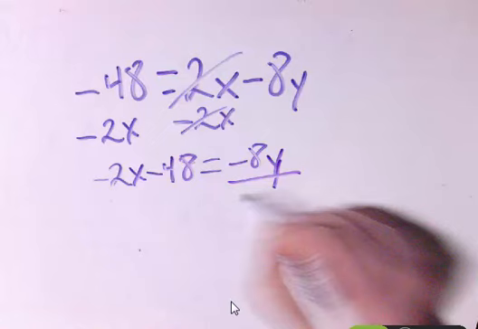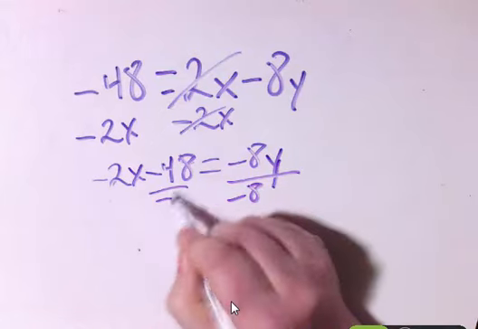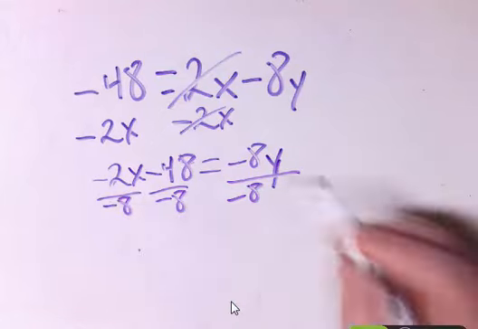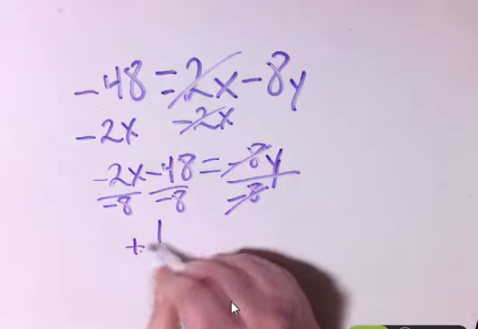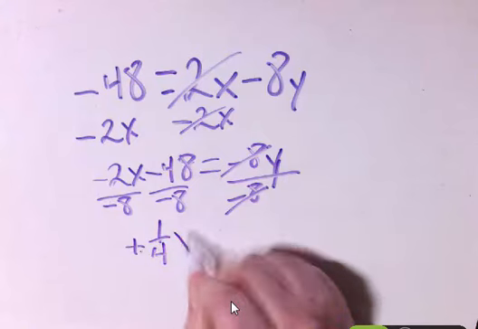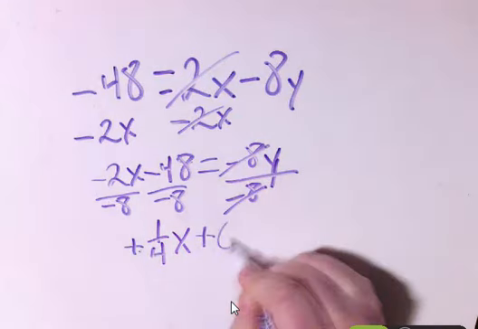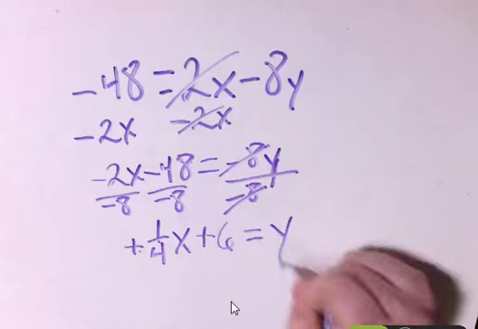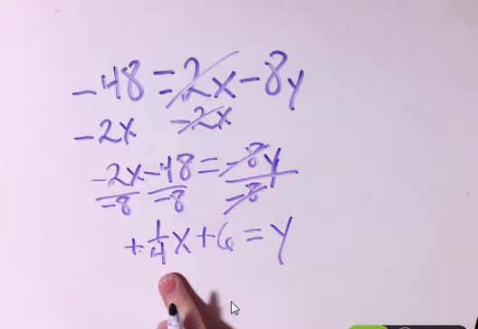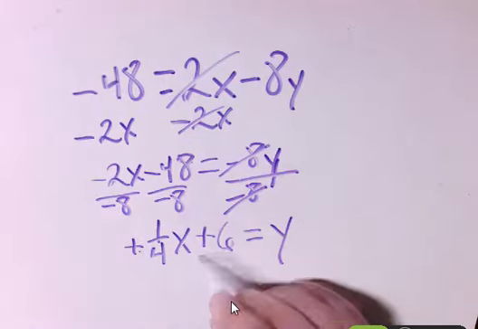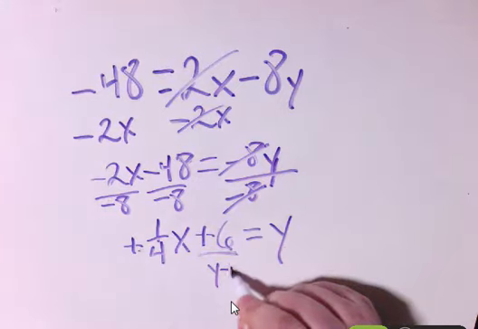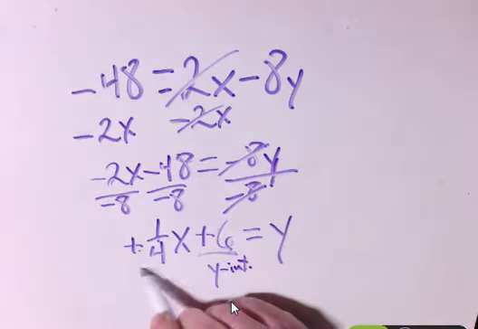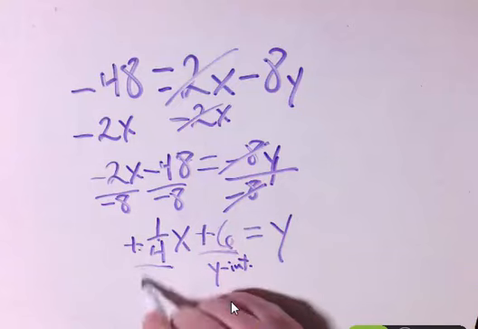I'm going to divide each part by negative 8. So we get a fourth x plus 6 is equal to y. So 6 is still going to be your y-intercept. And that positive a fourth is still going to be your slope.